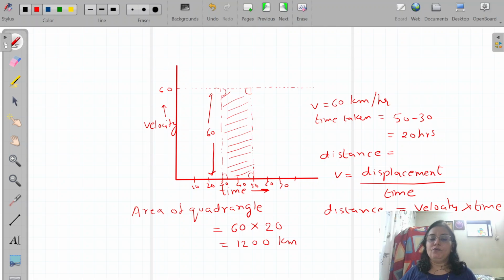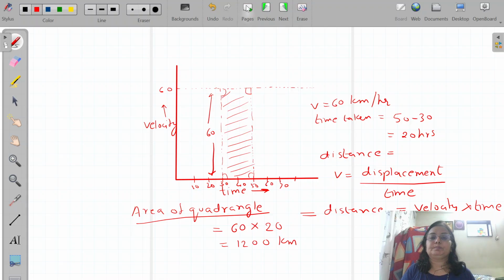So the area of quadrangle is equal to the distance, which is velocity into time. We found out the distance by this. So if we are given the length and breadth of the rectangle, we can find out the distance covered by an object when the object is moving with a constant velocity.